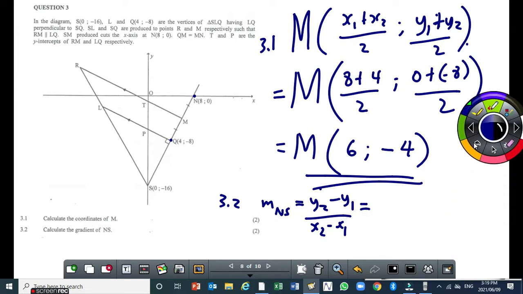So my y2, let me consider it minus 16, so it will be minus 16 minus 0 over 0 minus 8. So we get minus 16 over minus 8. The final answer will be 2. So that's the gradient there.